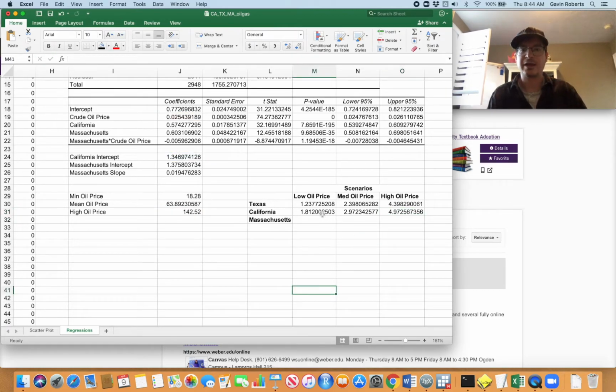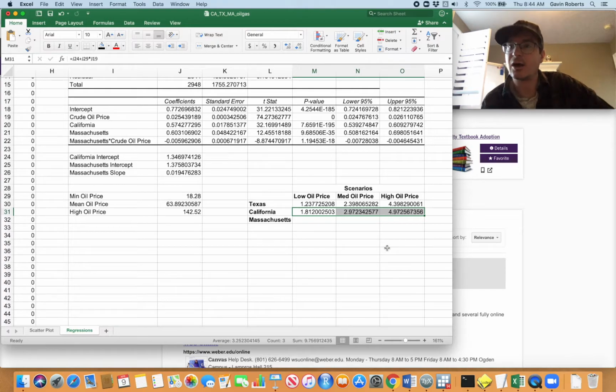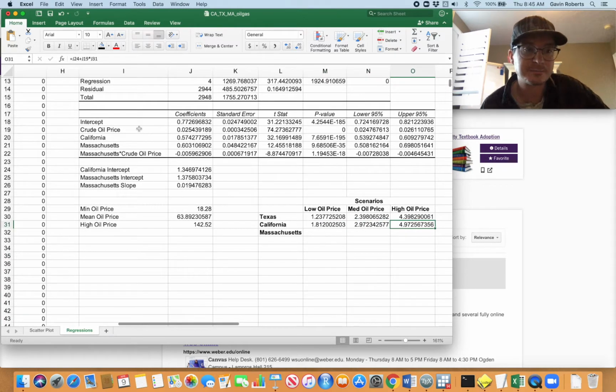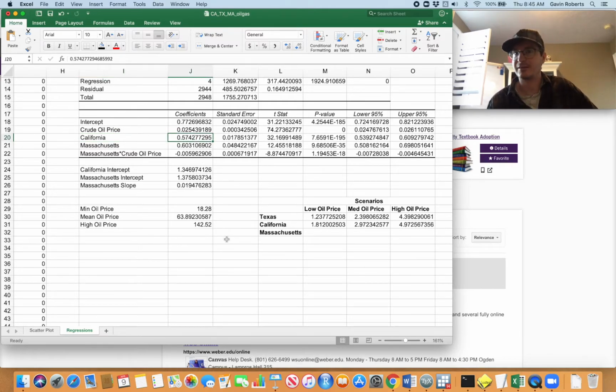And so now we have our 3 oil price scenario gas price estimates associated with each scenario for the state of California. Notice those are all a little bit higher. Well, what happened? They were shifted up by about 57 cents.